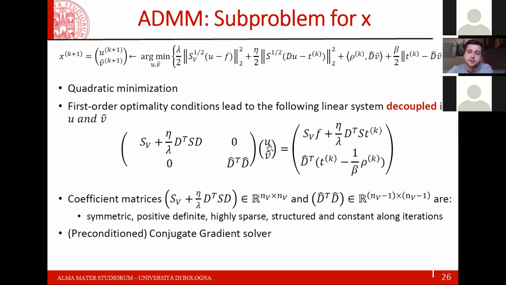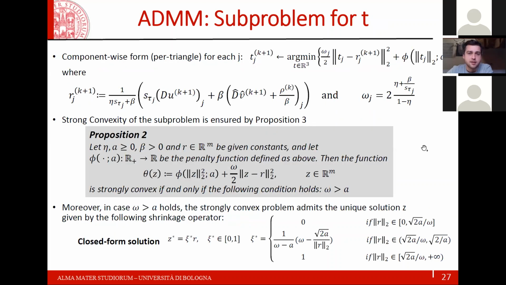For x, thanks to the change of variables from V, W to u and v, we can even decouple the two linear systems. And for the t subproblems, since the penalty function is separable, we arrive at smaller subproblems of this form for each triangle in the mesh.